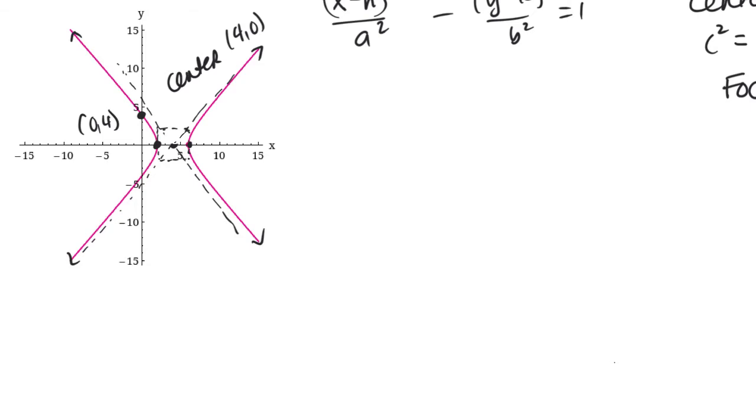Okay, so then the slope of that line would be this horizontal distance right in here is, that's a, and then the vertical.